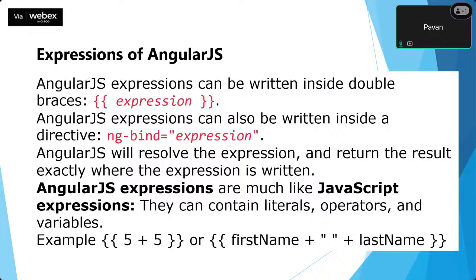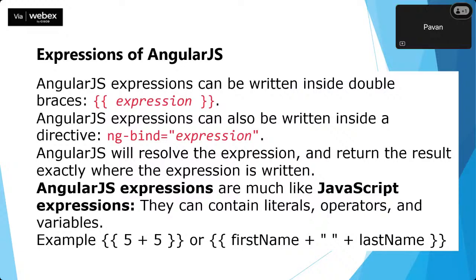Let's say there is a variable called number, and the value of that number is 2. And there is another variable whose name will be number 2, and its value will be 4.